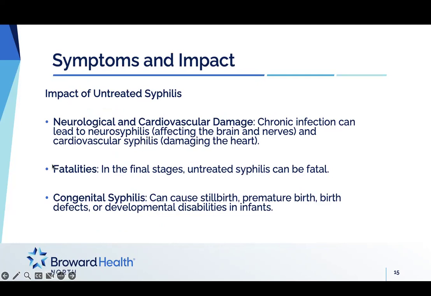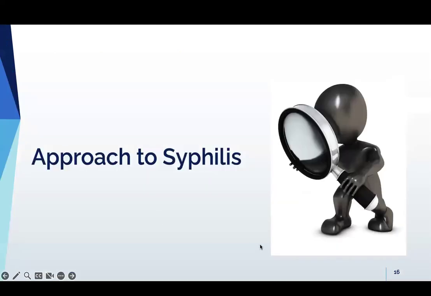The impact includes fatalities in the final stages of untreated syphilis. Obviously, if you don't treat it for many years, it can be fatal because of all the organ involvement. The congenital form can also cause prematurity, birth defects like we talked about already, and disabilities. So, a super important disease in the infectious disease area.